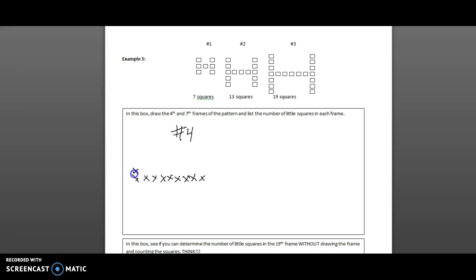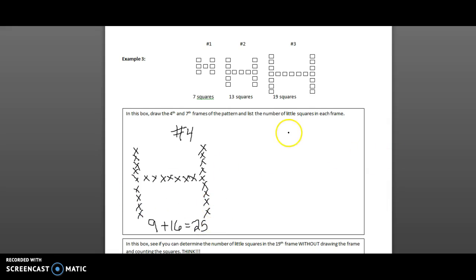They're at 3 now, so I need to make 4. So let's see, I've got 9, and then I've got 4 that are 4 long. So that's going to be an additional 16. So that's 25 little squares or X's as I drew.